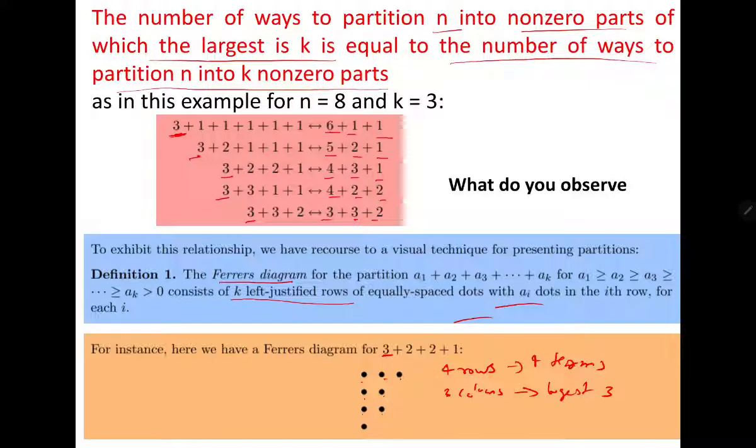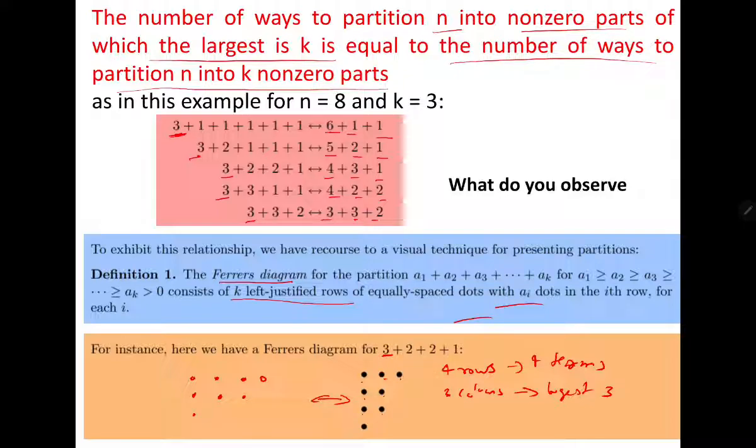Now if I have to prove the above result using Ferrers diagram, what I can do is consider its transpose. If I consider its transpose, then this row becomes a column, this becomes a column, and this becomes a column.